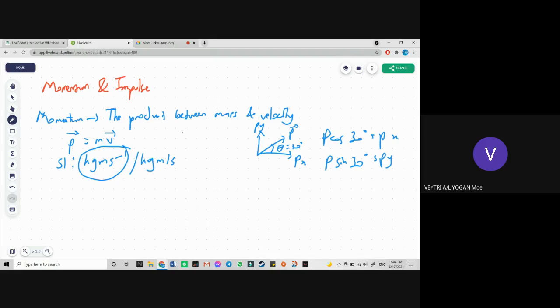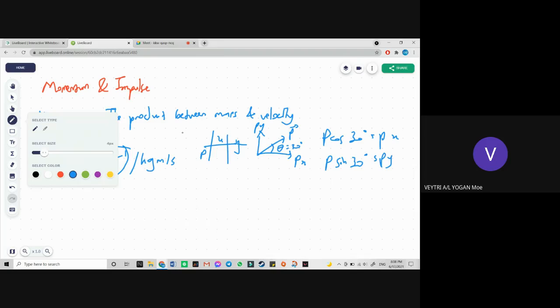Why do we do so? Because in this chapter also, there will be a table where you need to do X and Y components. This time the table is not Stuva. You have to do X and Y components for maybe momentum, maybe something else. We will learn it very soon. Alright, that is the first part. Don't worry, this chapter is very, very short. Let's move on to the second part.